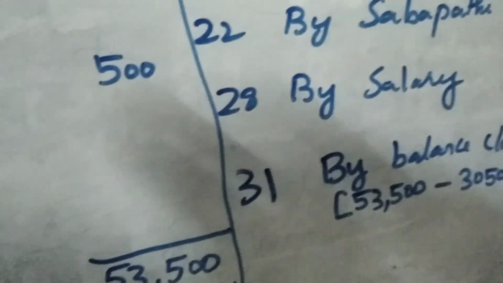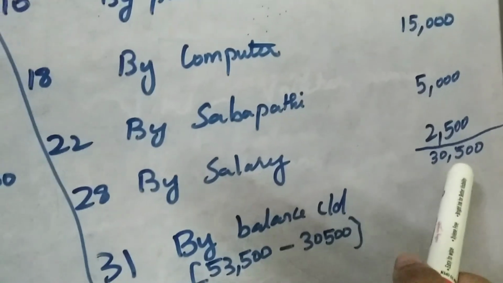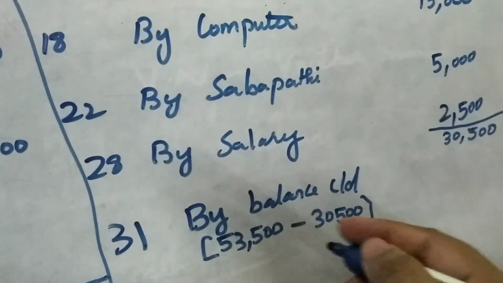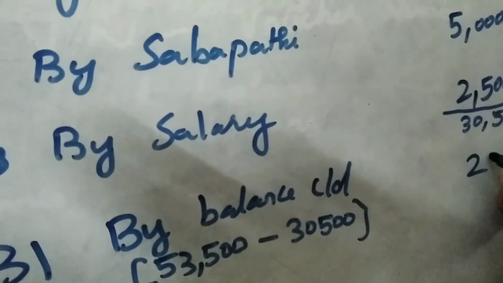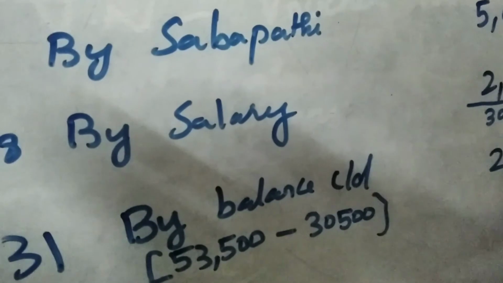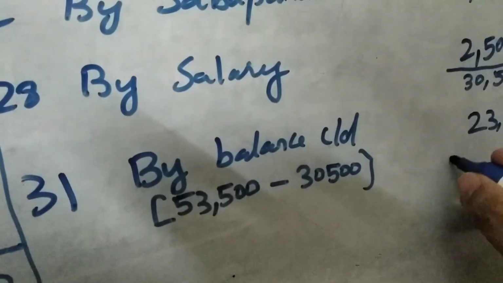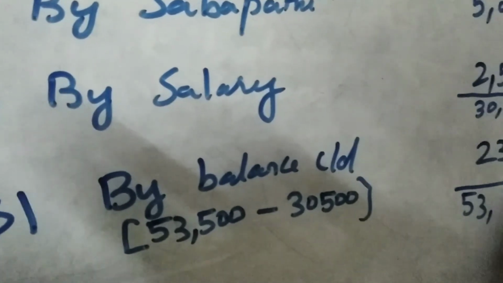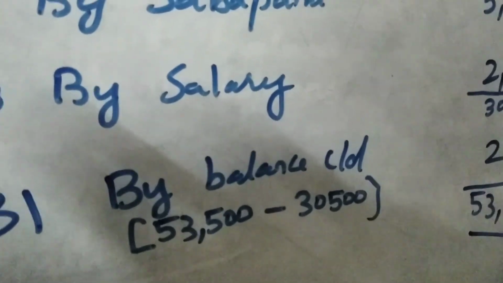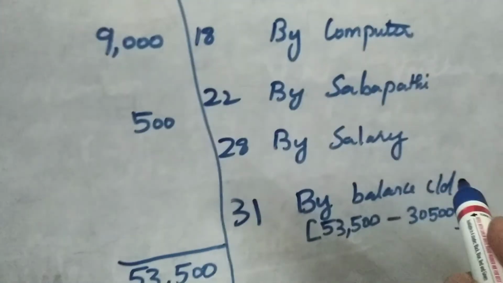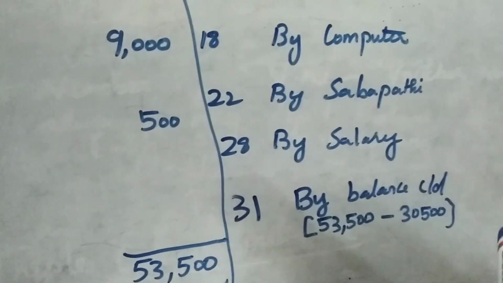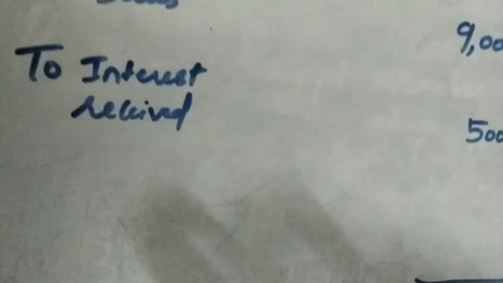Actually you are not supposed to write like this. For your reference only I am doing. Okay. 23,000 is the carried on balance. So make both sides equal. 53,500. Now this closing balance for the month of May will be the opening balance for the month of June.